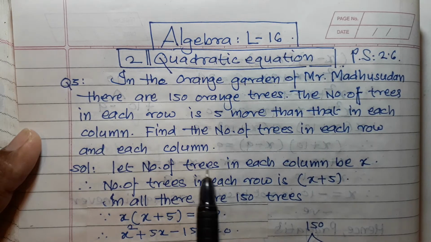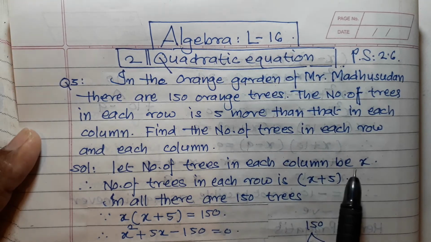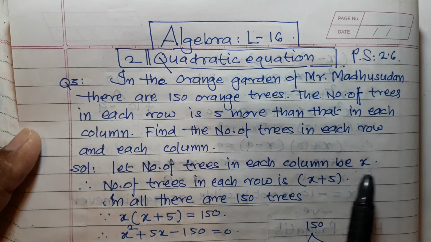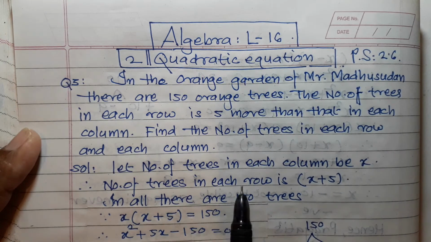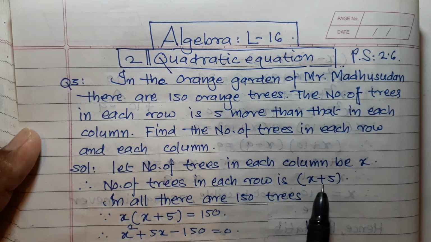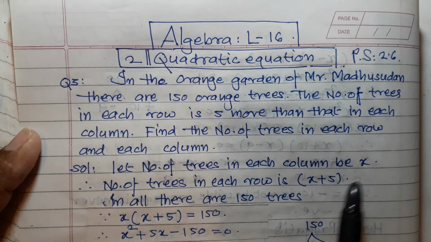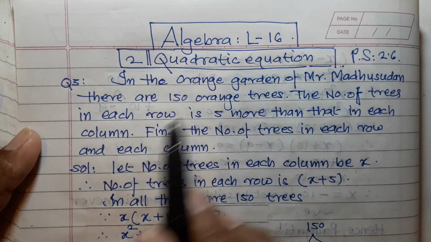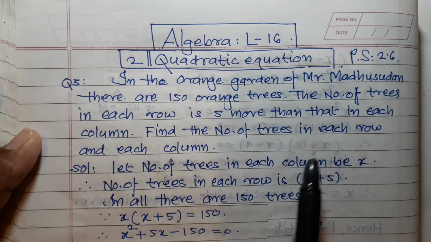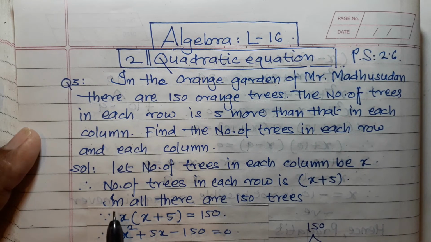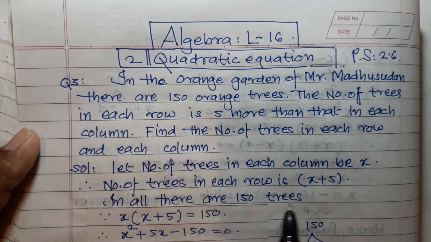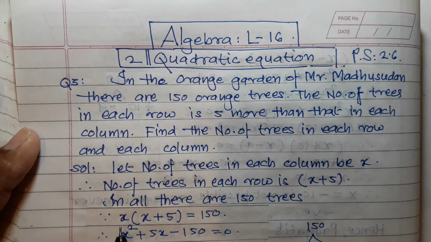If you multiply these, you will get the total number of trees, and in all there are 150 trees, and therefore x into bracket x plus 5 is equal to 150.